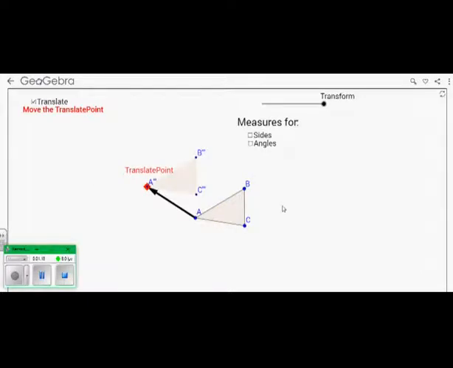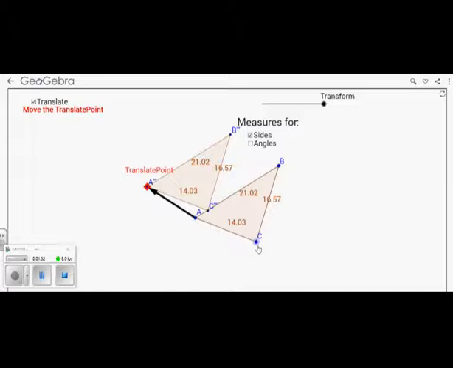So here's our triangle that's already been translated along this vector AA prime. And if you look at the side lengths, the same thing's going to happen. Let me make the triangle a little bit different here. So if I change it around, okay, so I made it a little bit bigger. So you can just look at corresponding sides. BC is 16.89.